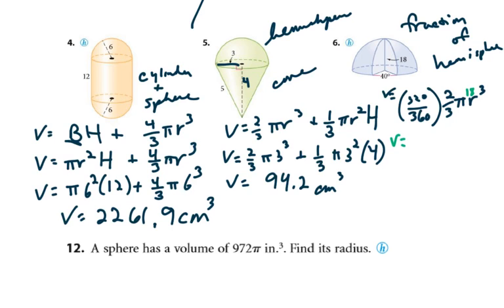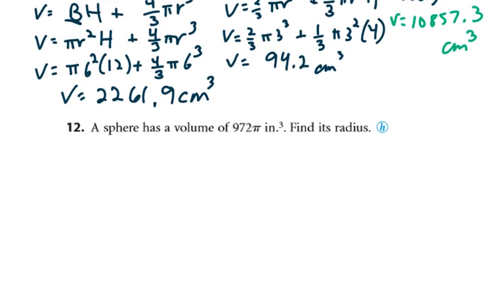If you have a hemisphere, the height of the hemisphere is also the radius, isn't it? So we have 320 divided by 360 times 2 divided by 3 times pi times 18 to the third. 10,857.3 centimeters cubed.